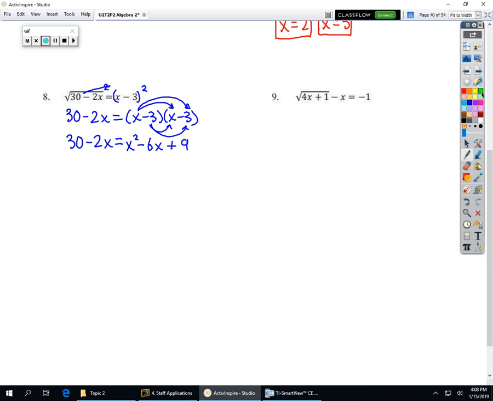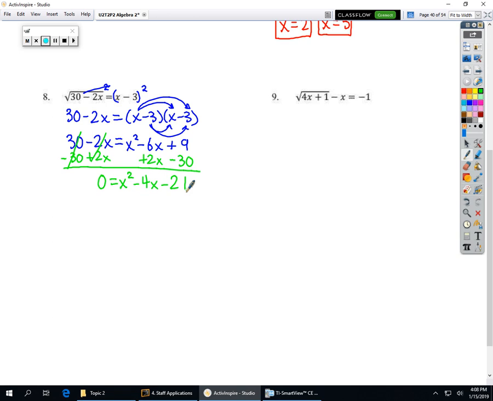So subtract 30 from the numbers and add 2x here. 30 minus 30, cancel. I got 0 equals x squared minus 4x minus 21. Is this factorable?